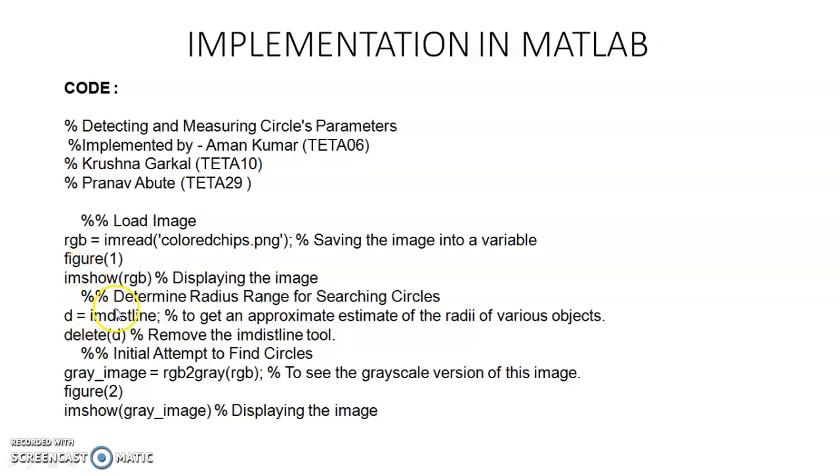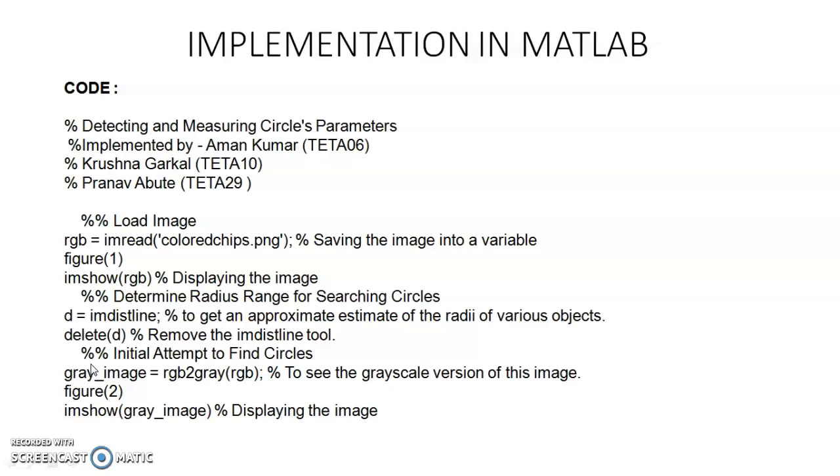After that, to determine the radius range for searching circles, we have this line of code. This is the function to get an approximate estimate of the radii of various objects. After detecting this, we will delete this function because there is no further need.